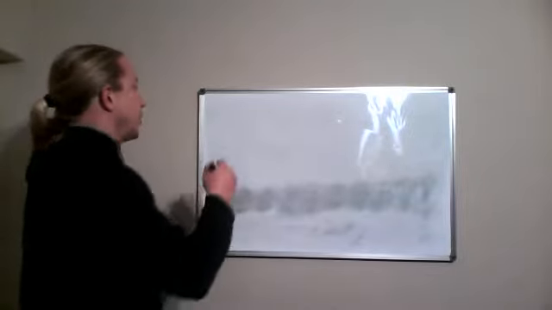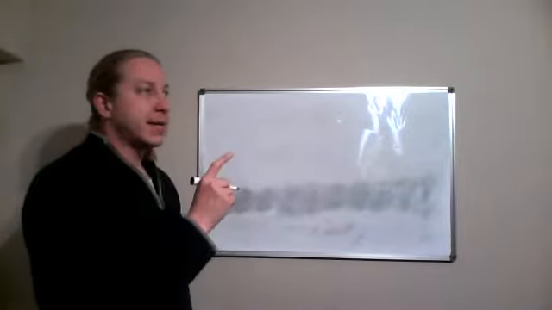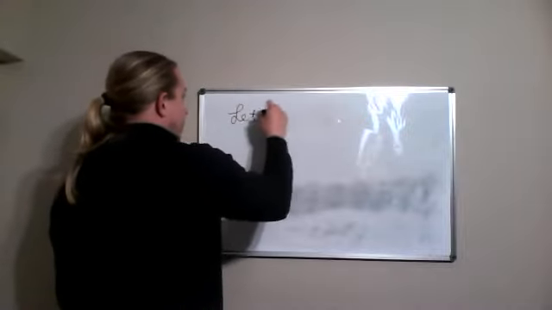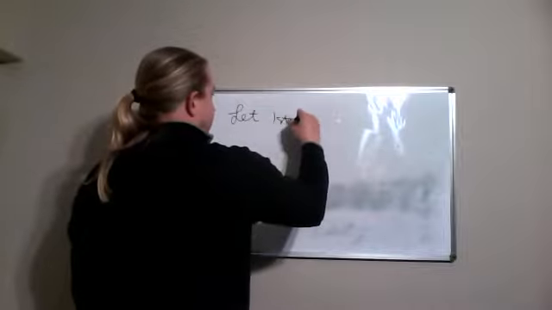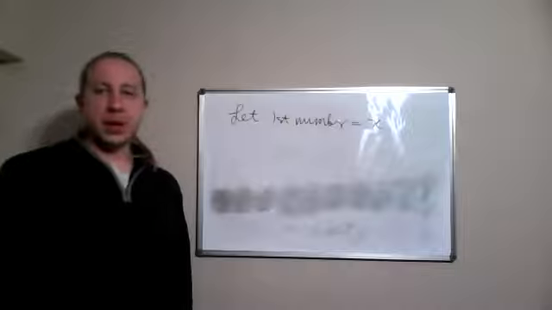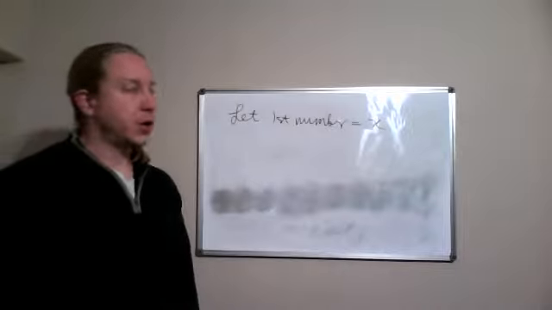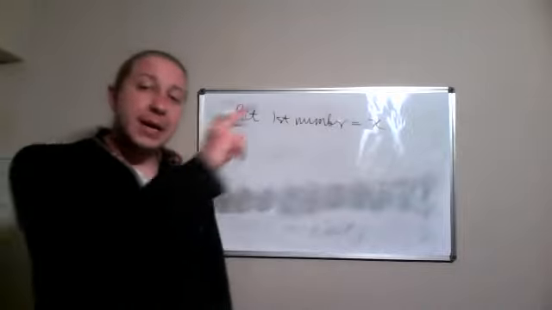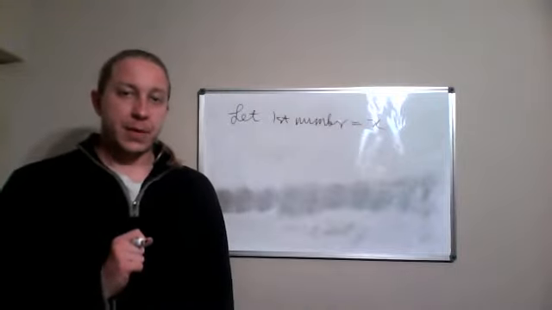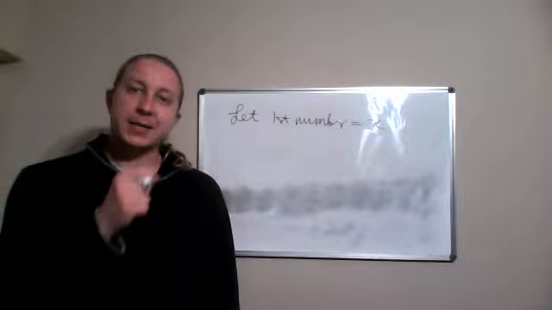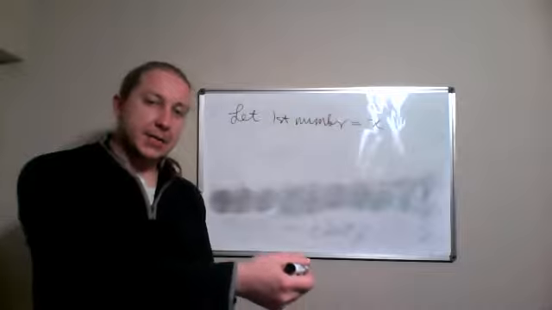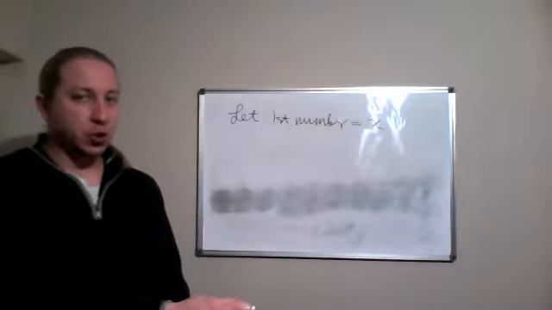What I want to say to you is, what if we let the first number be x? Whatever that number is, we don't know. What would be the number after this number x? Do we know? Yes, we do. It would be x plus 1. Because whatever number x is, to get the next number after that number, we add 1 to it.